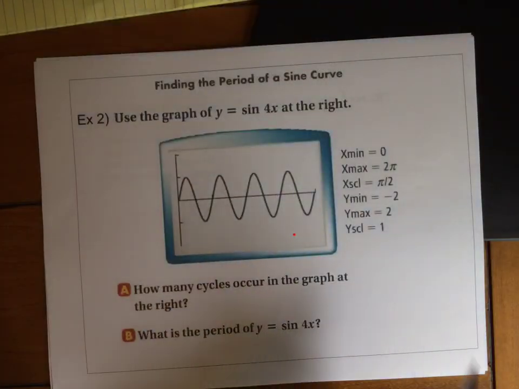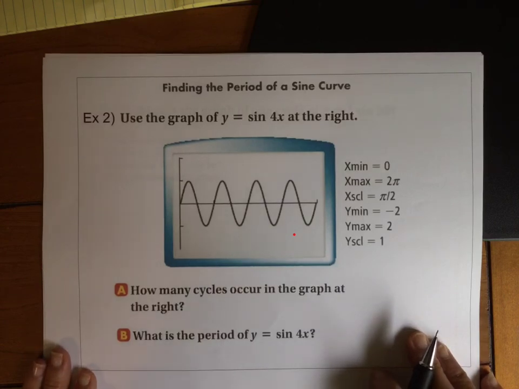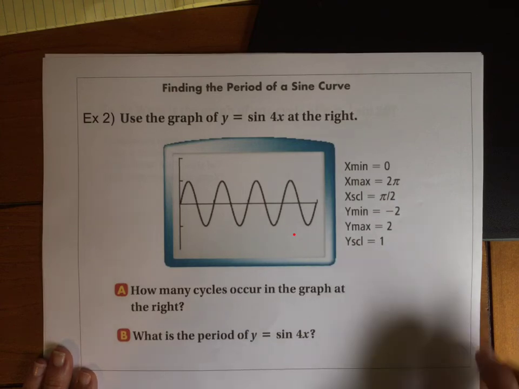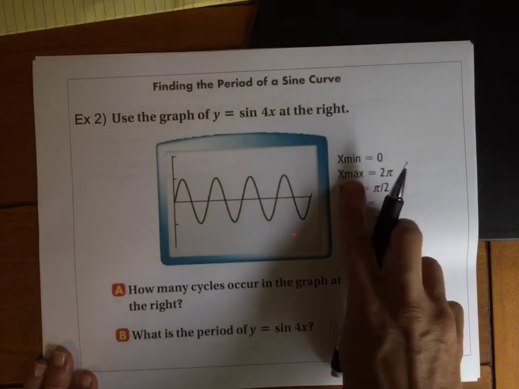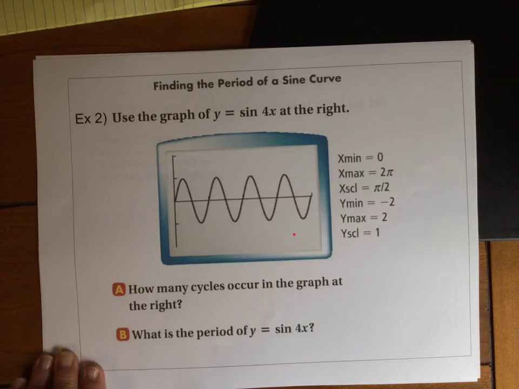Right. So how are we going to use that in this task? We have a graph here. It's y equals sine 4x at the right, and it's telling us that this graph goes all the way to 2 pi. Remember, the definition of b is the number of cycles you have between 0 and 2 pi.